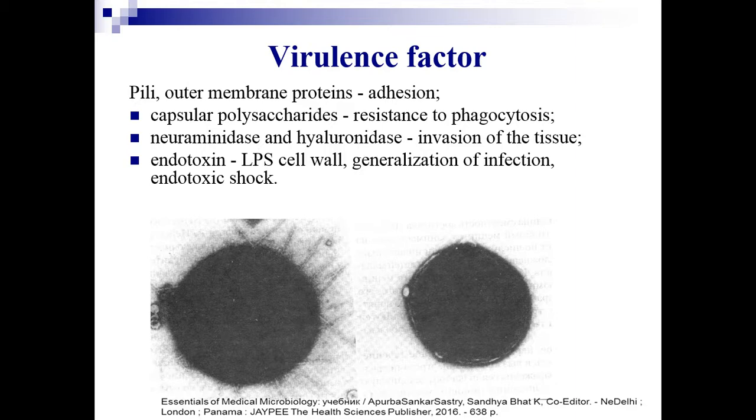Lipopolysaccharide and endotoxin. Like other gram-negative bacteria, meningococci possess endotoxin in their cell wall. Endotoxin binds to CD14 molecules on the host cell surface in association with toll-like receptor 4.